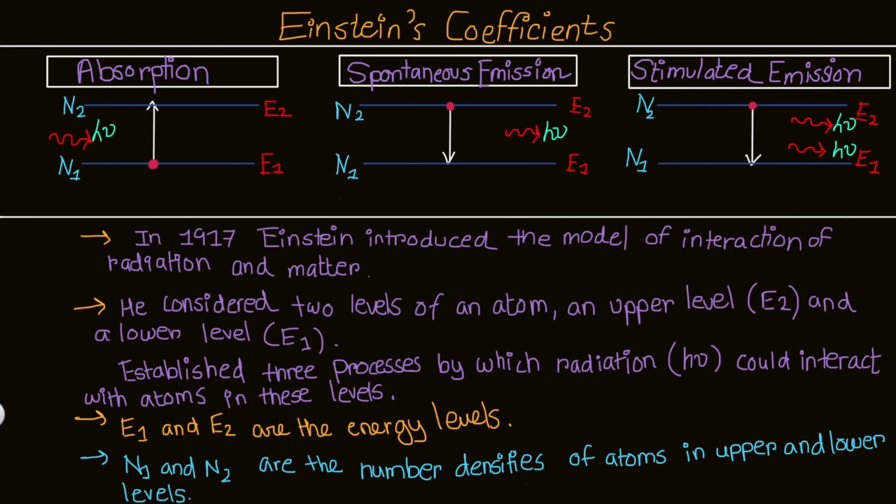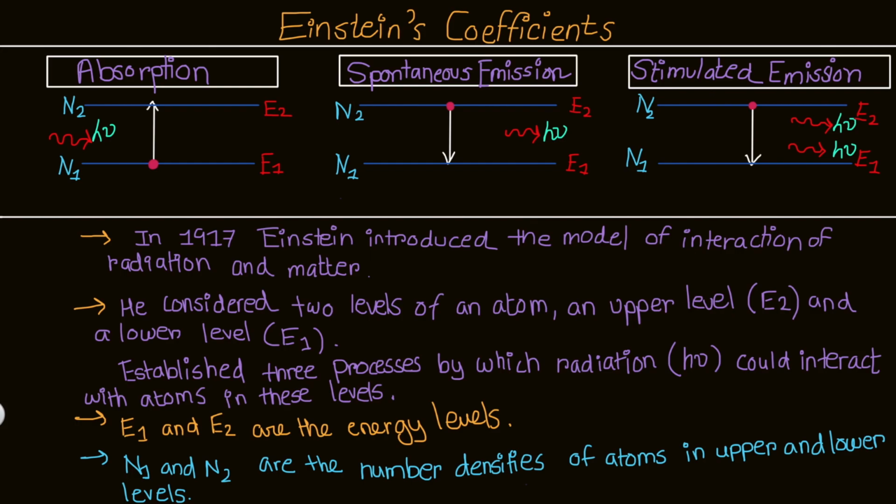I'll explain this a bit more when I explain the three processes. So he established three processes by which radiation, electromagnetic radiation, could interact with atoms in these levels.